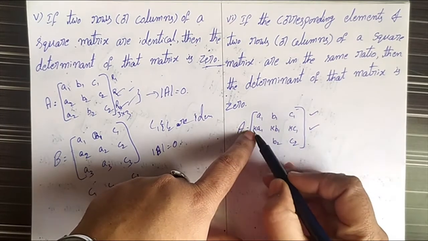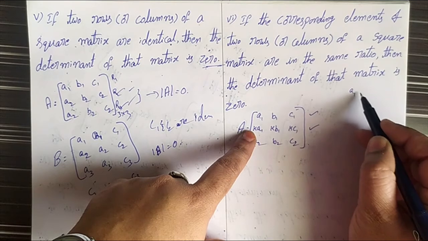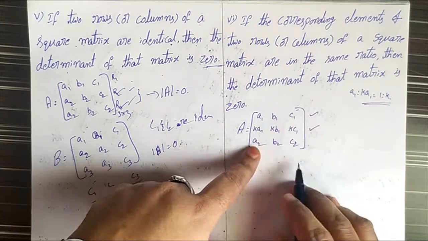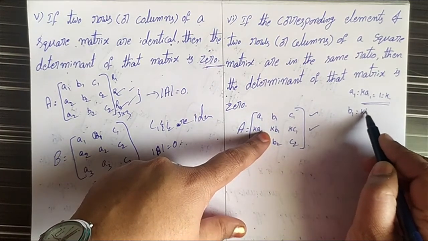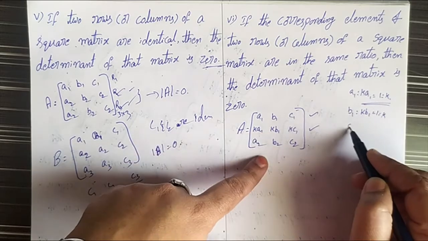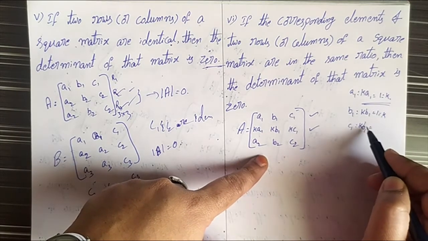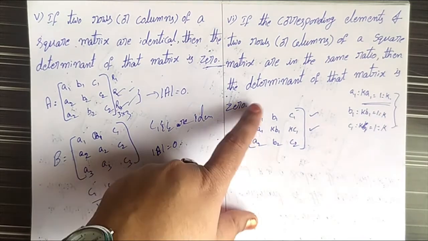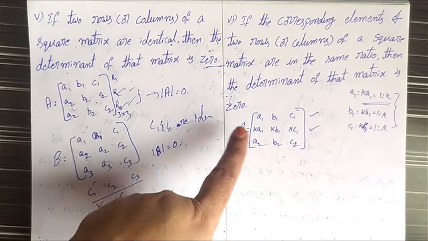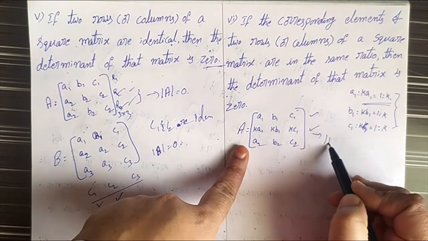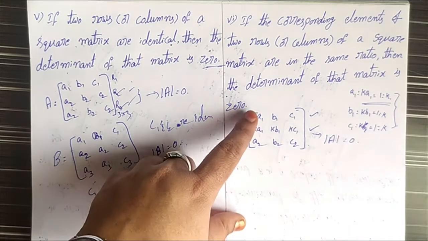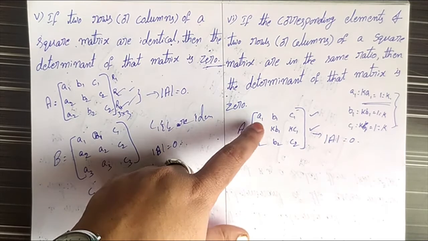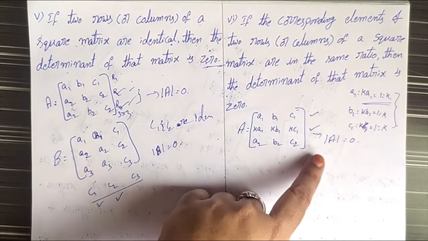That means a1 is to k a1 is 1 is to k, b1 is to k b1 is 1 is to k, c1 is to k c1 is 1 is to k. All elements are in the same ratio. Then this matrix determinant is also 0. If any two rows or any two columns are in the same ratio, then that matrix determinant is also equal to 0.